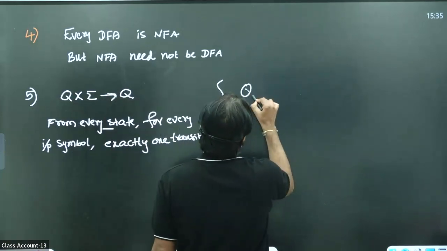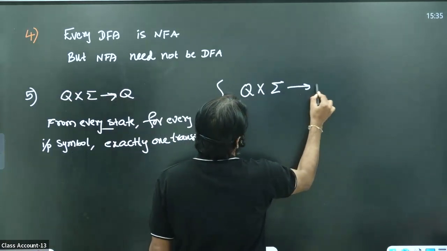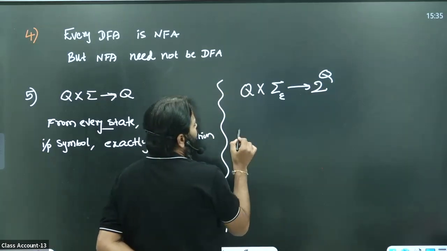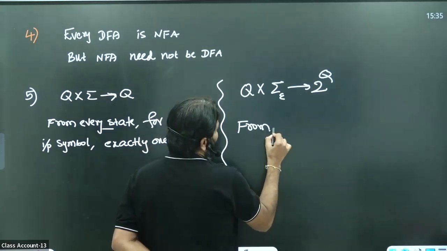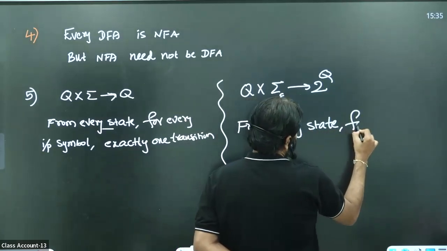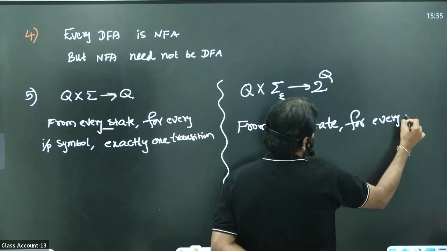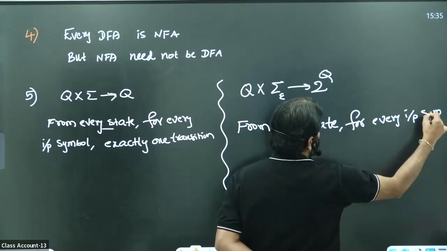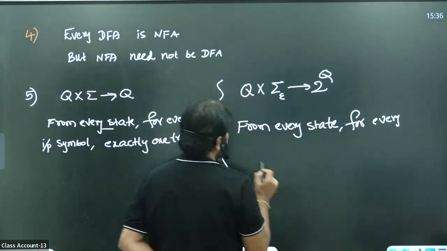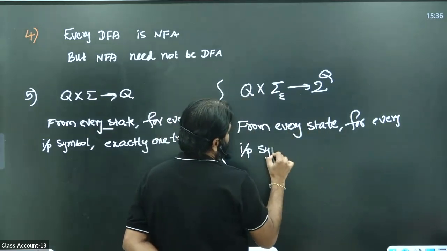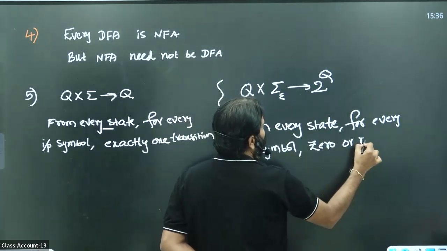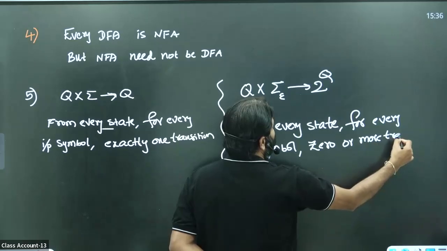And here Q cross sigma maps to 2 power Q, and you may include epsilon or not, it is your choice. Here from every state, for every input symbol, you will have 0 or more transitions.